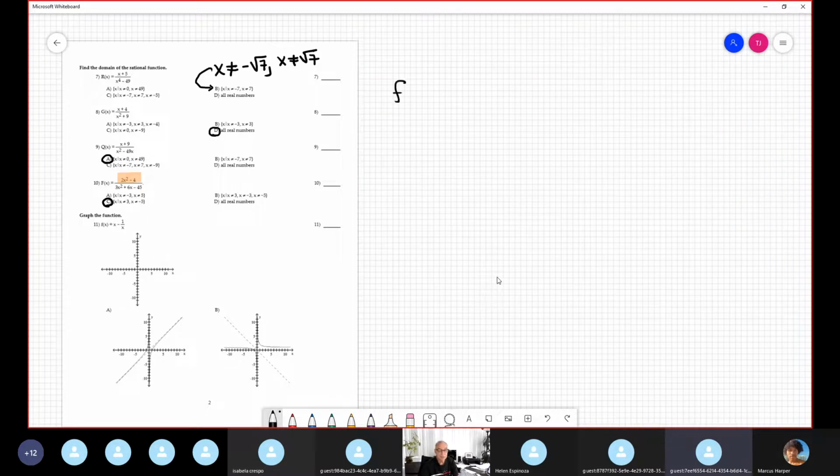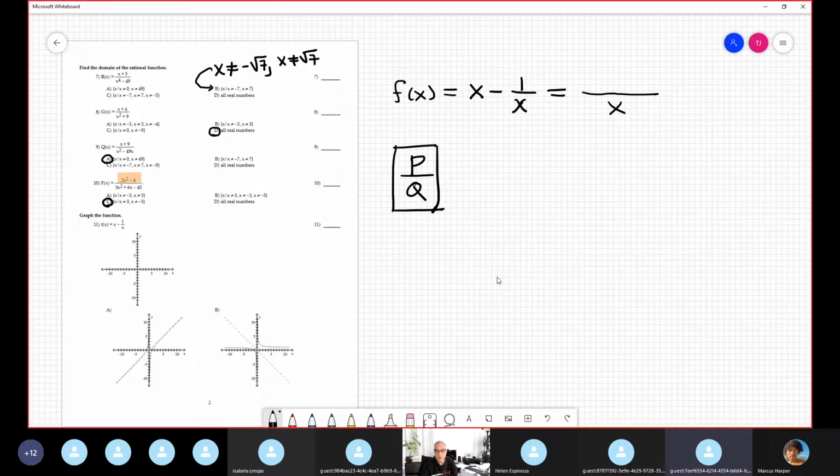Number 11 says f of x equals x minus 1 over x. This problem is not expressed in the traditional way. The traditional way is p divided by q, one compact division, numerator and denominator. In this case, you have a subtraction, so you find the LCD, which is x, and you have x squared minus 1 over x.